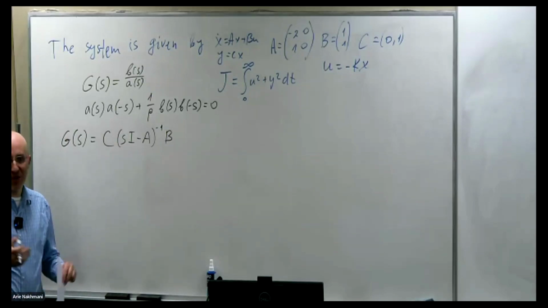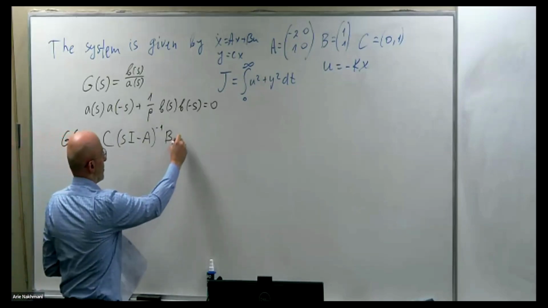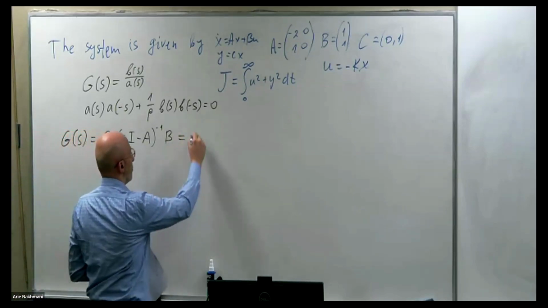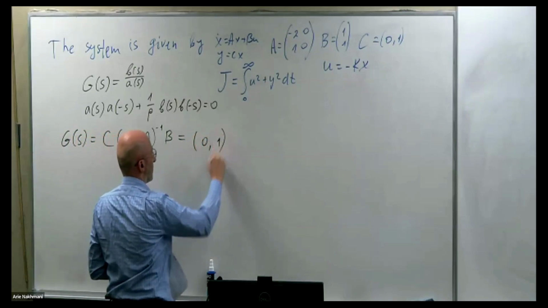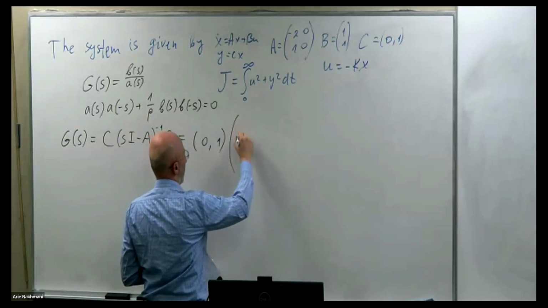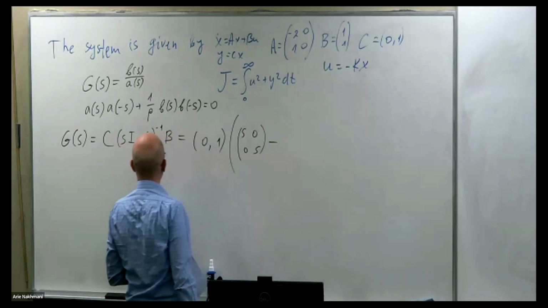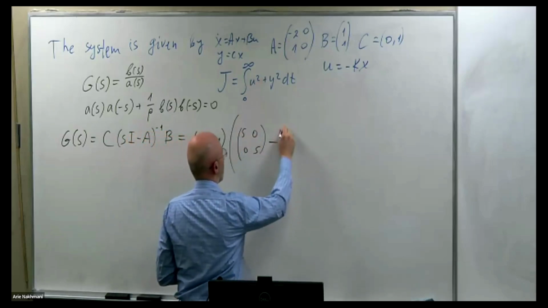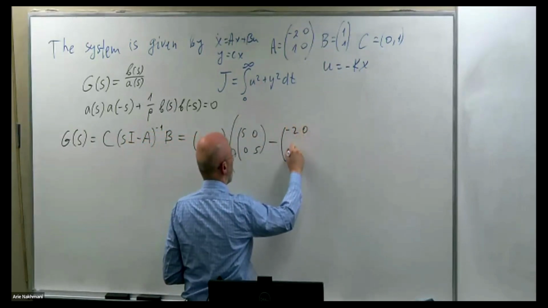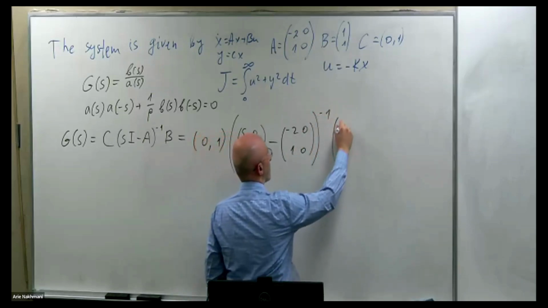So first we find the actual open loop transfer function for that particular system. So this will be C, which is 0, 1, times sI, which is s, 0, 0, s, minus A, which is -2, 0, 1, 0, inverse, times 1, 1.